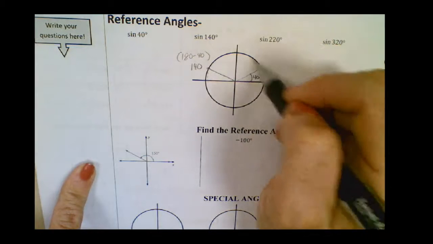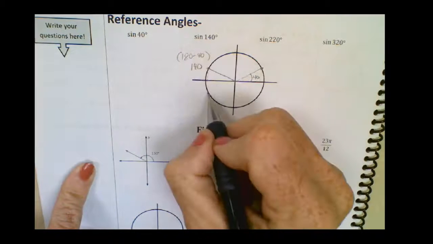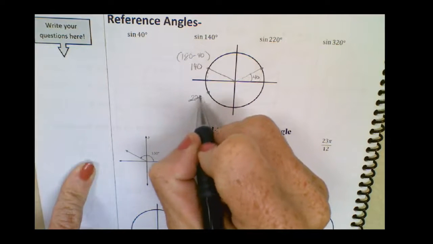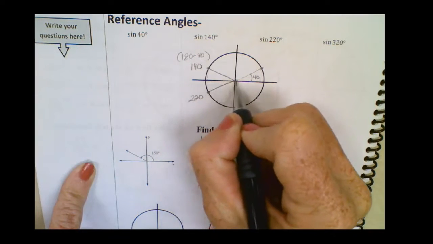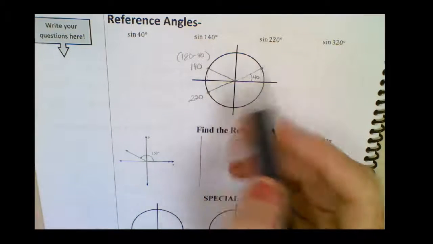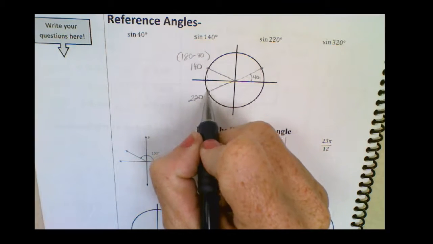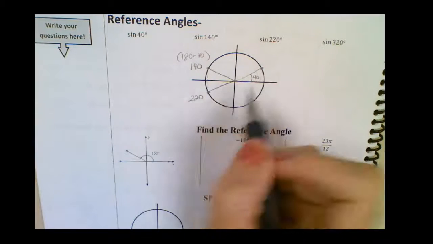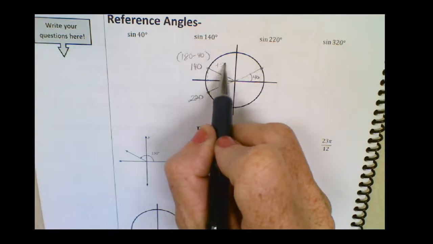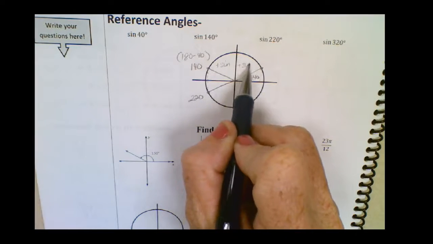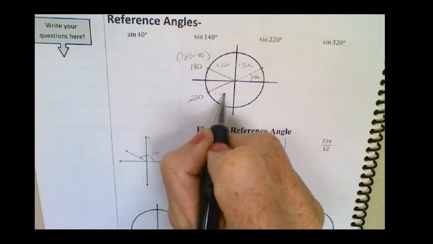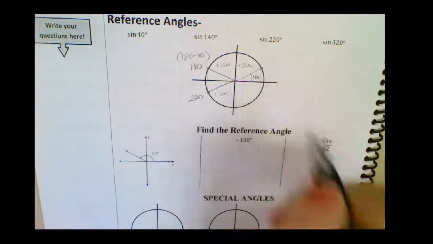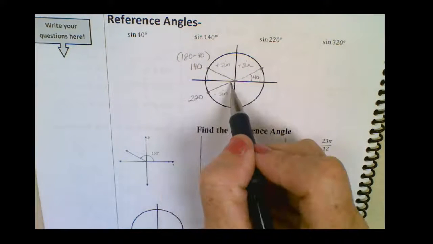Sine of 220, we would go 180 and then down another 40, so we'd be at 220 right here. If you notice, it's actually the same distance, except now we're in a negative. So this would be a negative sign, and this would be positive sign, positive sign. This would be a negative sign, because sine is our y value, at 220, but it's at the same angle.